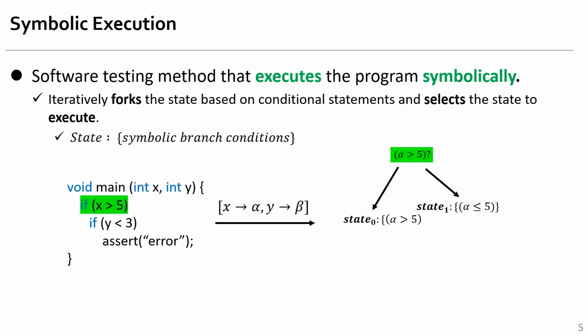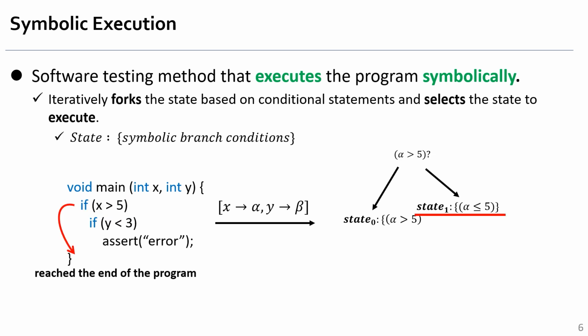Then symbolic execution executes the initial state and it meets the first conditional statement, which is highlighted with green color. In this example, both cases, true and false, are satisfiable for the condition. So the state forks and each state will be updated with corresponding symbolic conditions.